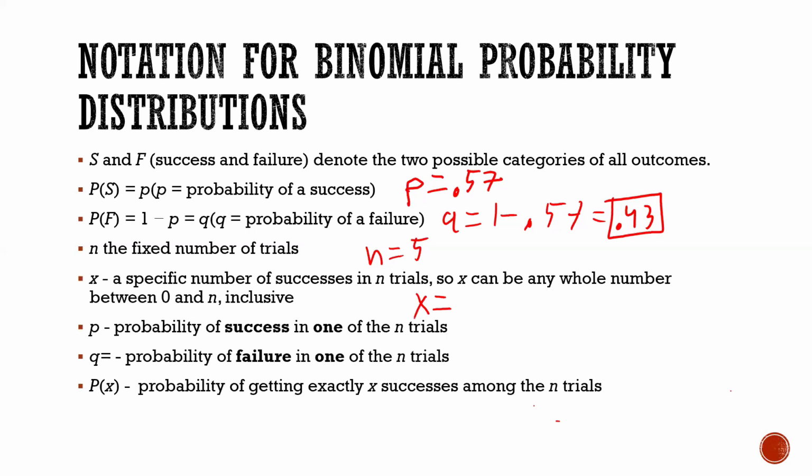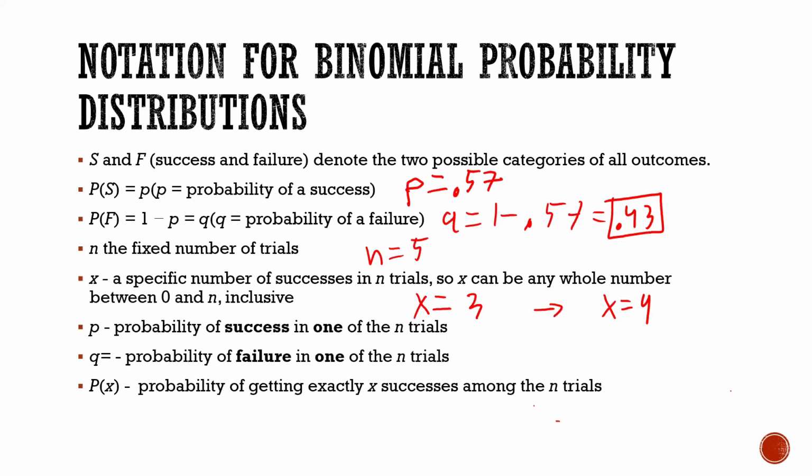So in the previous slide, that was 3. And before that, we had x equals 4. There's a lot here, but just remember, n is the number of trials, x is the number of successes, and p is the probability of a single success. That's all you really need to get out of this slide, all right?